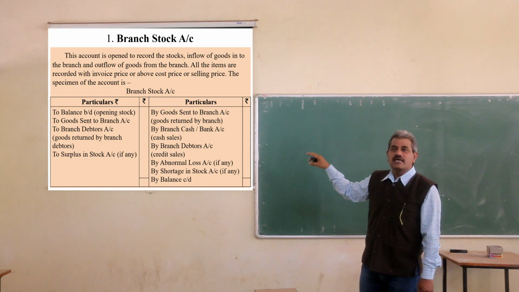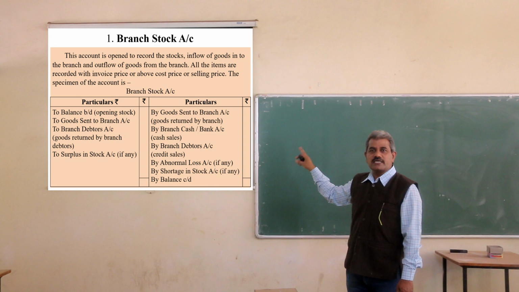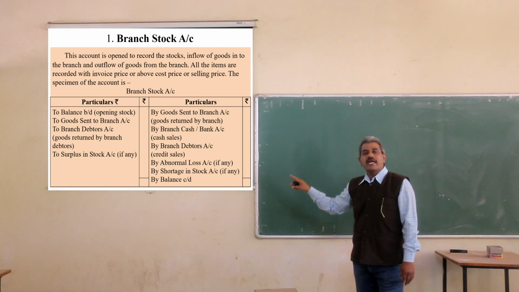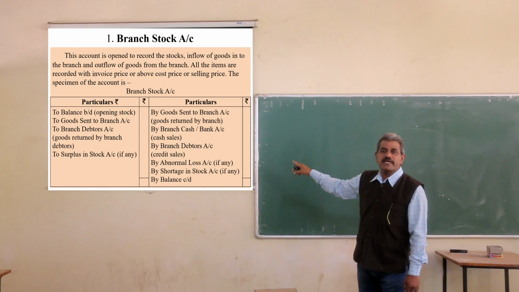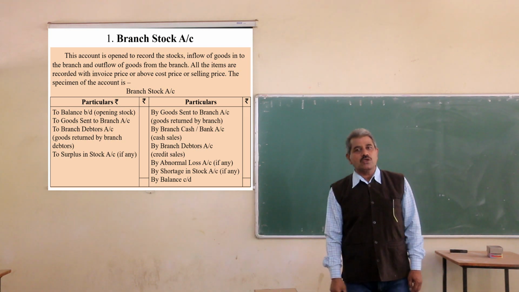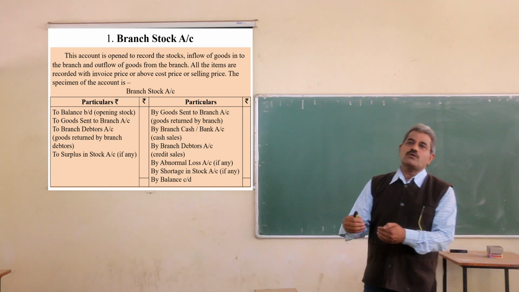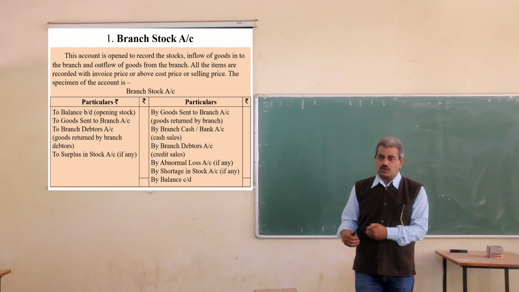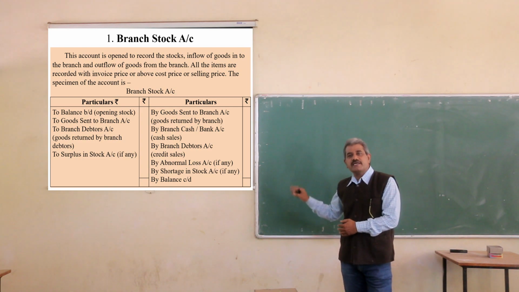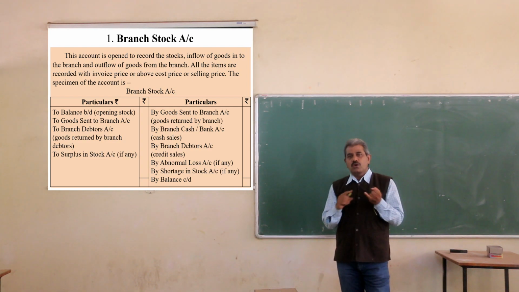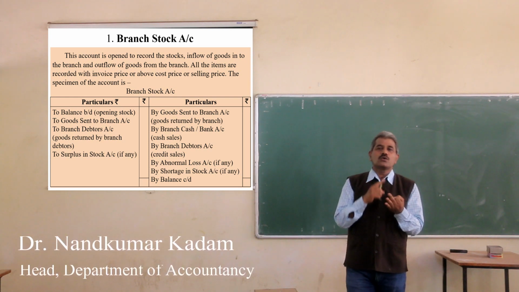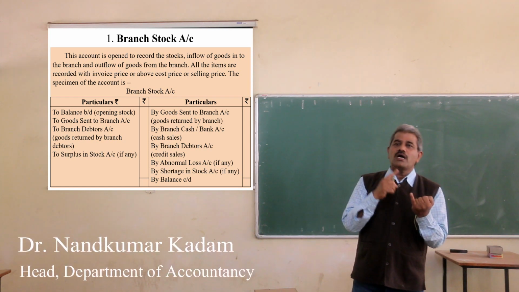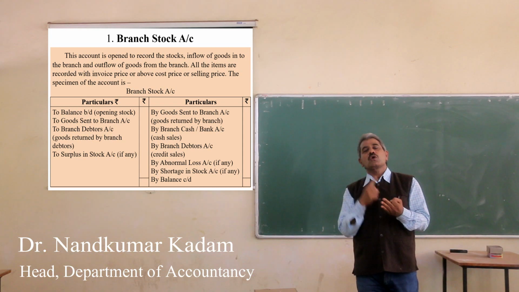Then cash sales and credit sales, that is the branch cash account and branch debtors account. Any abnormal loss should also be credited, and shortage in stock. Also, we have to record closing stock at the end. So you can find here all the goods items: opening stock, goods sent, goods returned, surplus in stock, abnormal loss, shortage, closing stock.